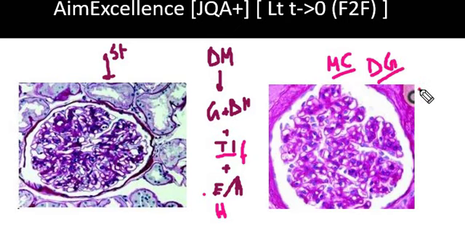These are all PAS staining, and this PAS staining is showing the increase in the mesangial matrix. Mesangial matrix is increasing due to non-enzymatic glycosylation. So these are important points for your upcoming MCQ examination.